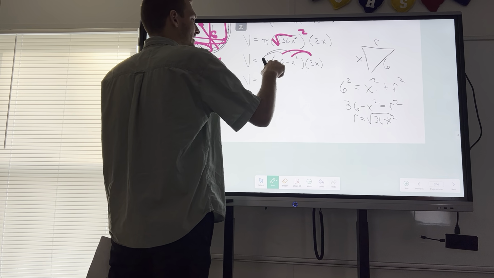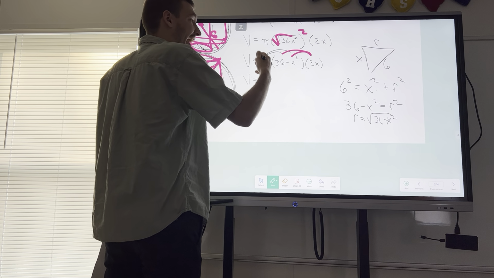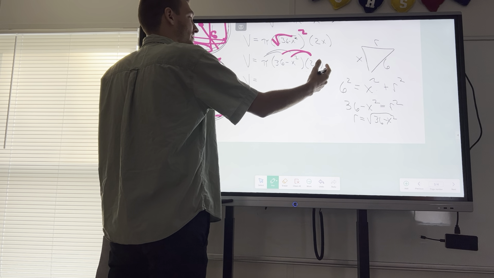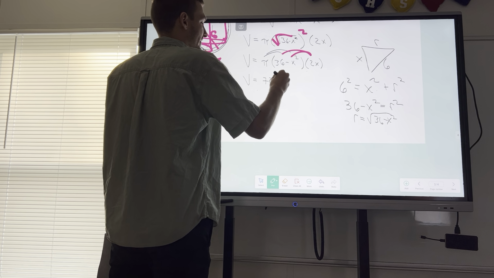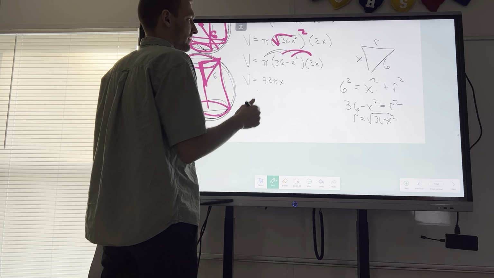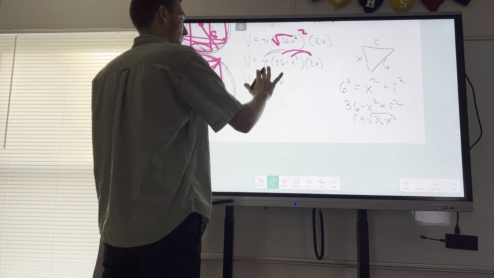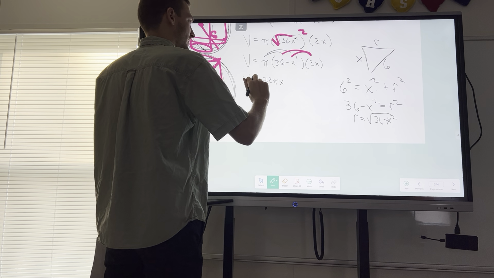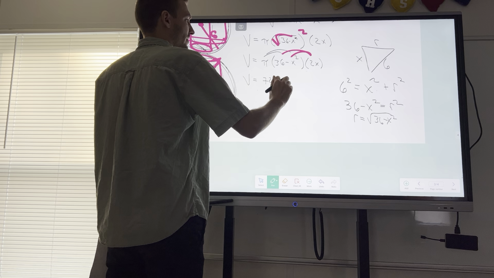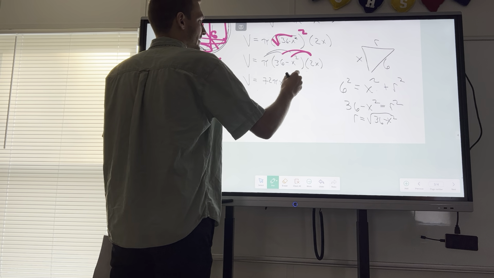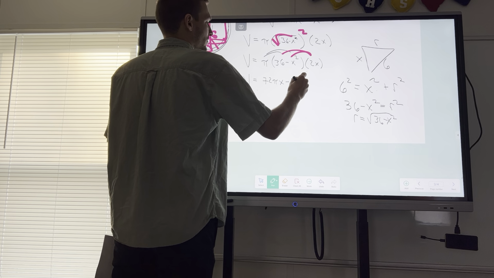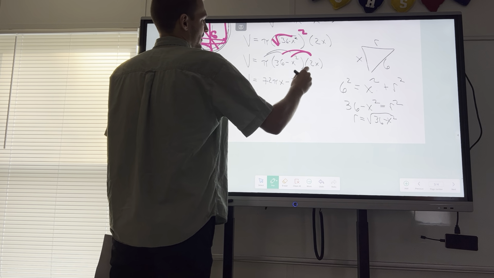We're going to take 36 multiplied by pi and multiplied by 2x. So that's going to be 72 pi x, 36 times 2 times pi times x. I'm going to take my negative x squared and times it by 2x and pi. That's going to be negative 2 pi x cubed.